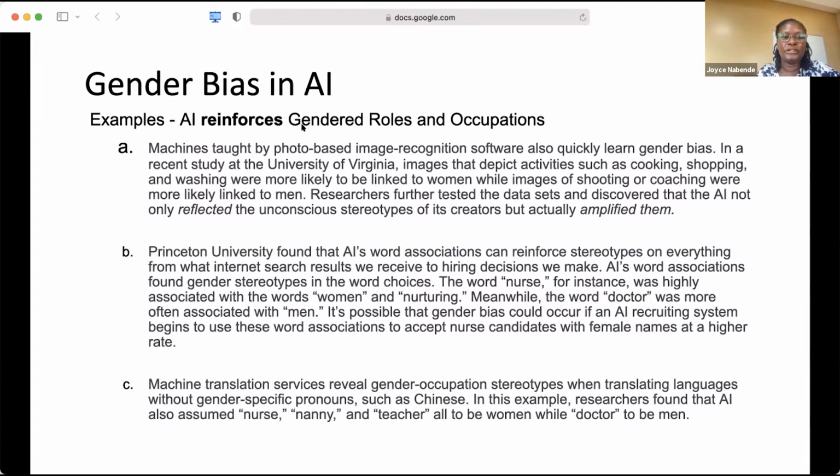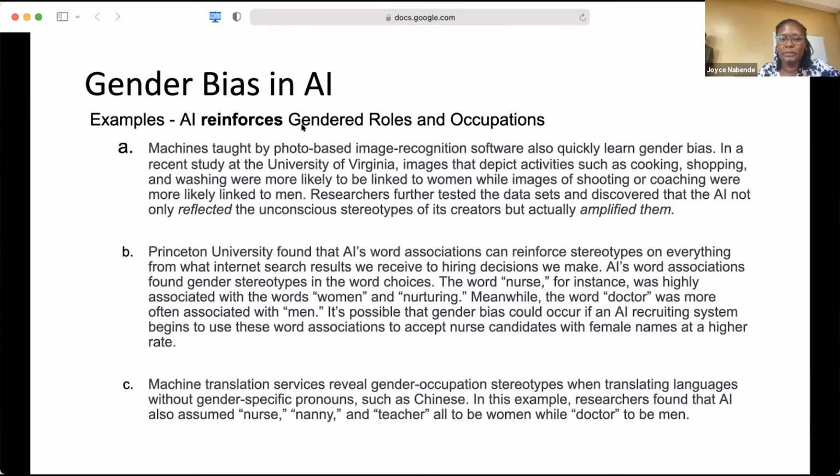They found gender stereotypes in word choices, like nurse being associated with females, nurturing being associated with women, while doctor was more associated with male. And if you're using this AI system to help you make decisions for recruiting, definitely that model will be more inclined to accept nurse candidates that are female at a much higher rate, and not accept nurse candidates who are male.